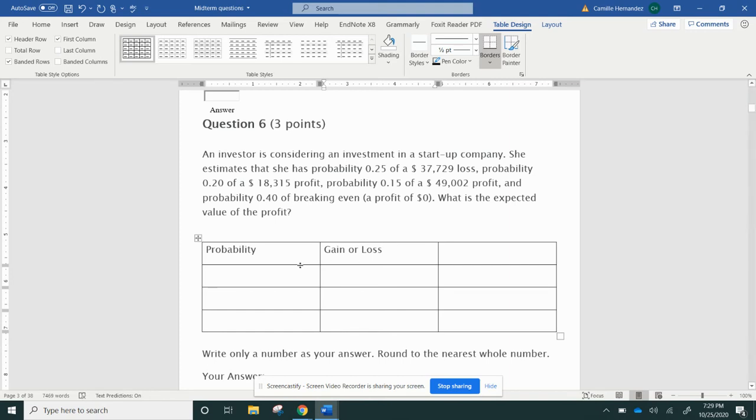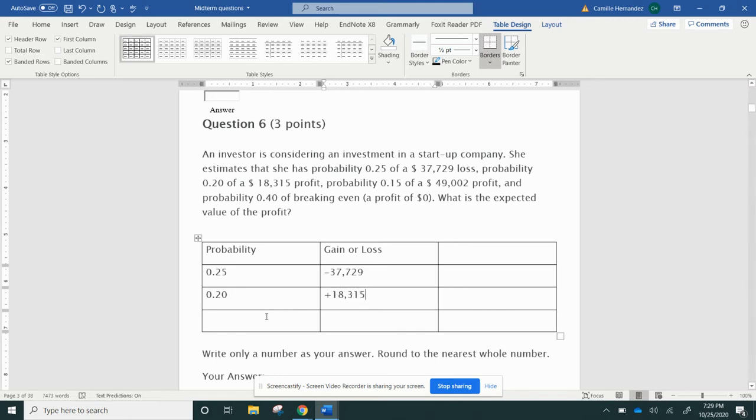All right. So the first one is 0.25, and they said this is a loss, so this is going to be negative 37,729. Then this is 0.20, and this is a gain of 18,315.